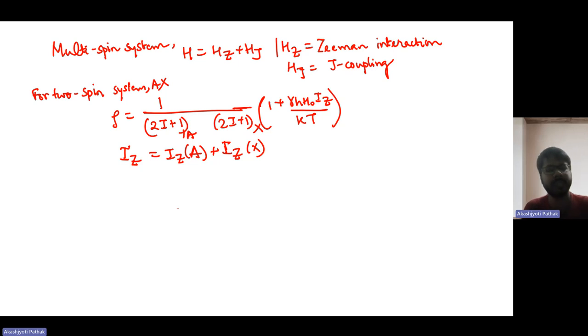Now the eigenstates of the two spin system are alpha alpha, alpha beta, beta alpha, and beta beta.